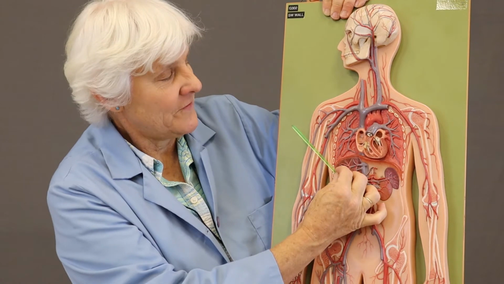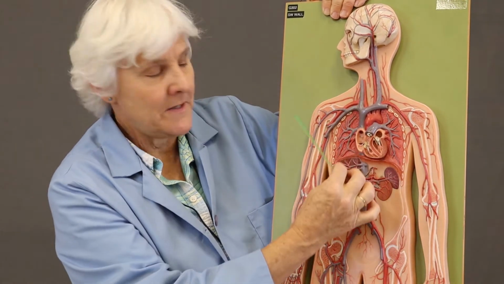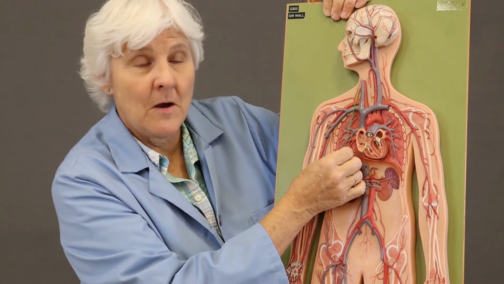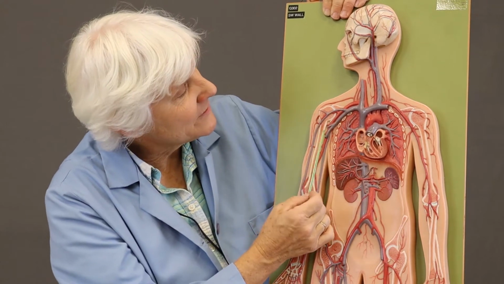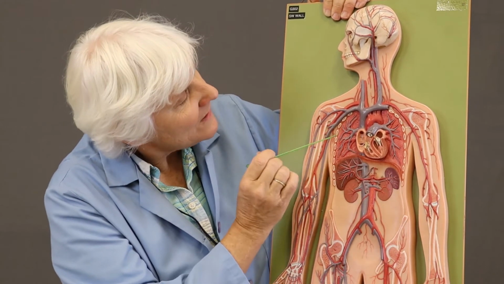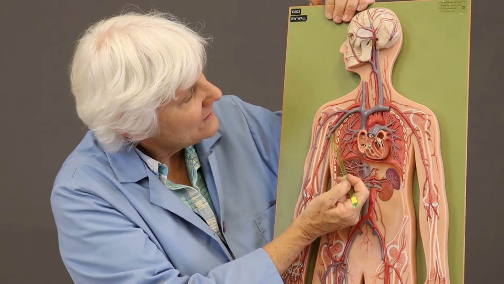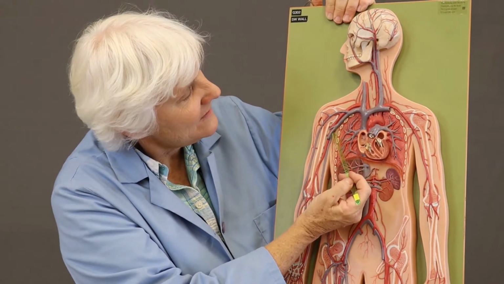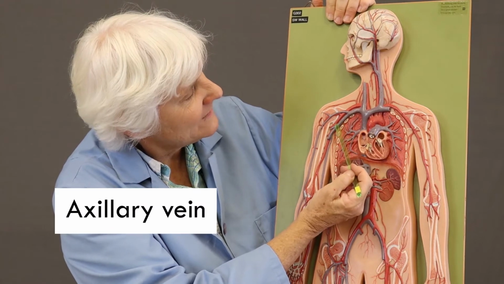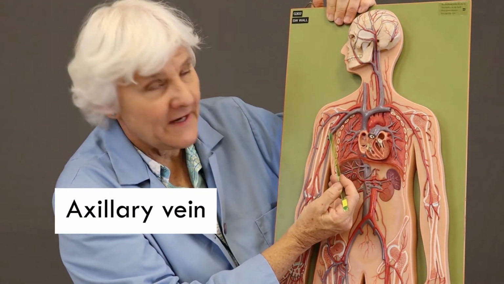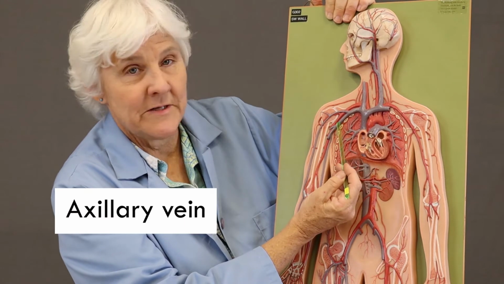So let's move a little further out and let's circulate that blood towards the heart from the arm. Let's focus in on the axillary region here. So in this axillary region, we see this fairly large vein here, and that is the axillary vein, and a couple of prominent veins dump into the axillary vein.